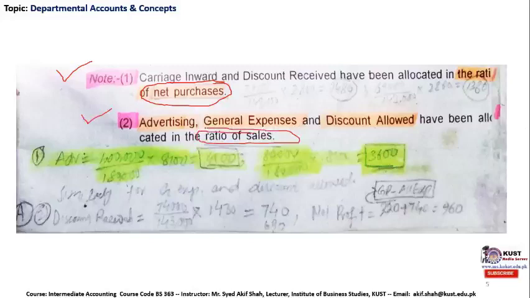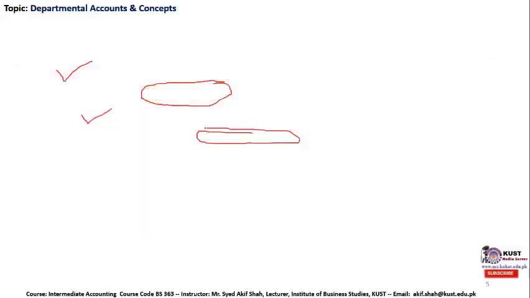How to divide different kinds of expenses with respect to sales, net purchases, area occupied and meter and points has already been covered in my previous lecture on departmental accounts. So you can go back and listen to that lecture to know how to divide a particular expenditure with respect to a certain ratio of sales or net purchases, or whatever principle you opt for division of those expenses.